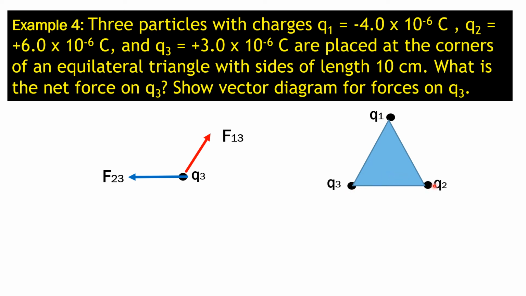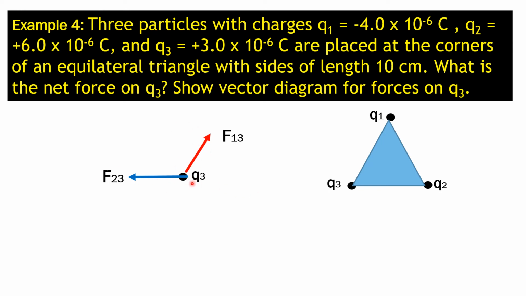And we are looking for the net force acting on Q3, which in my diagram I put on this left corner of the equilateral triangle. So the vector diagram will look like this drawing here.